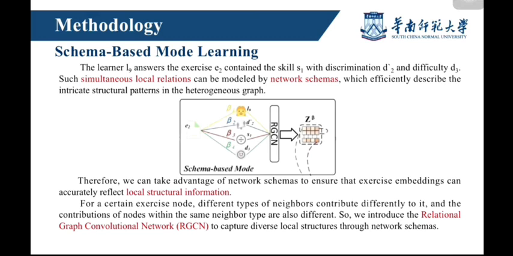For certain exercise nodes, different types of neighbors contribute differently to it, and the contributions of nodes within the same neighbor types are also different. So, we introduced the relational graph convolutional network to capture the diverse local structures through network schemas.